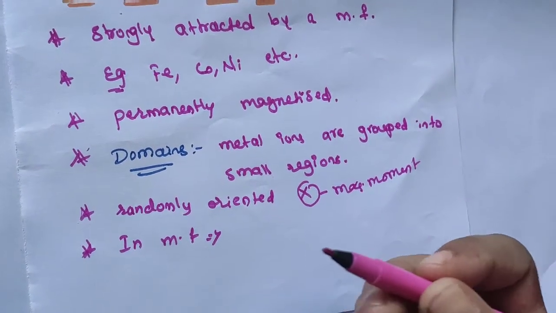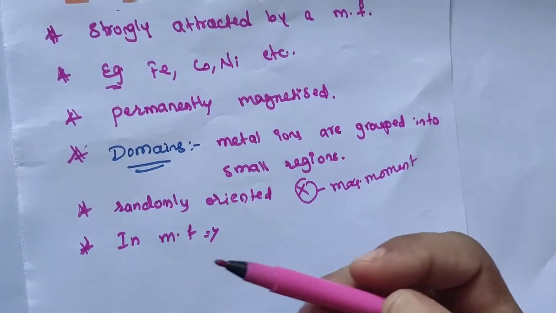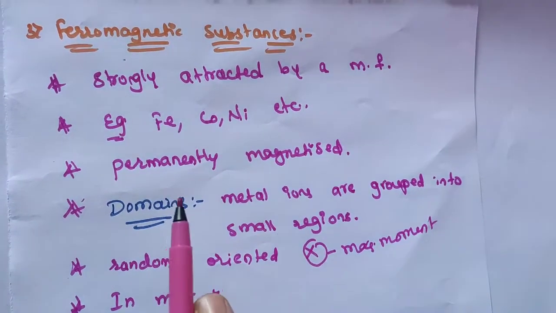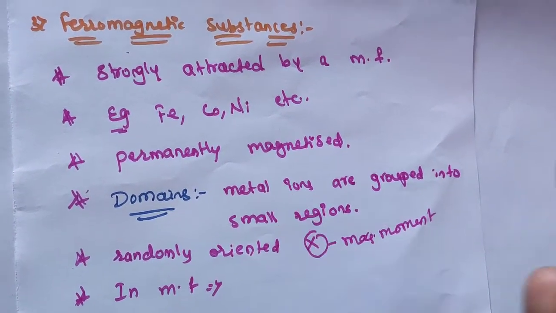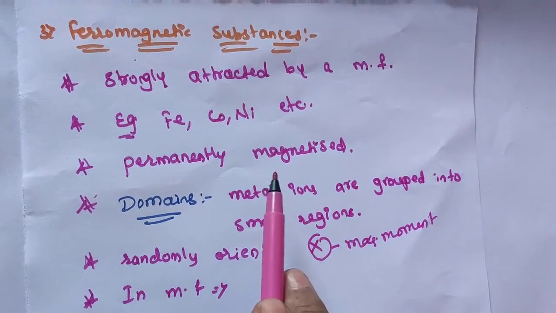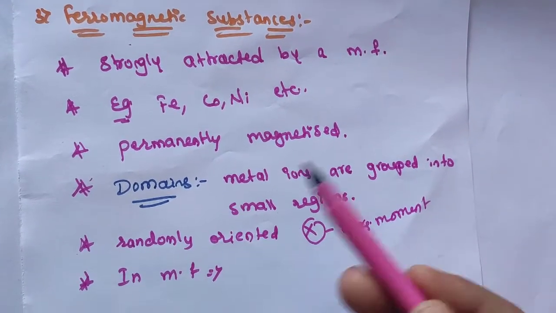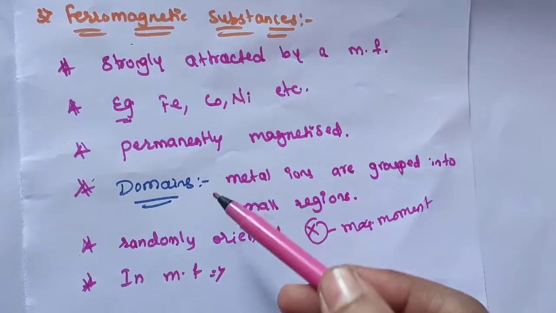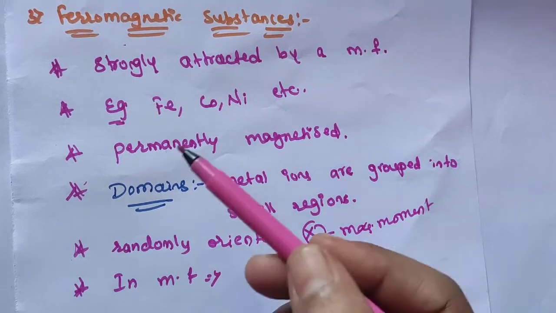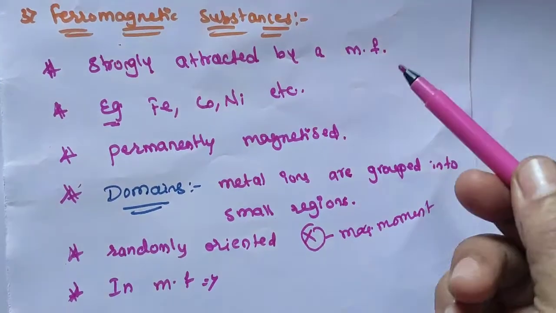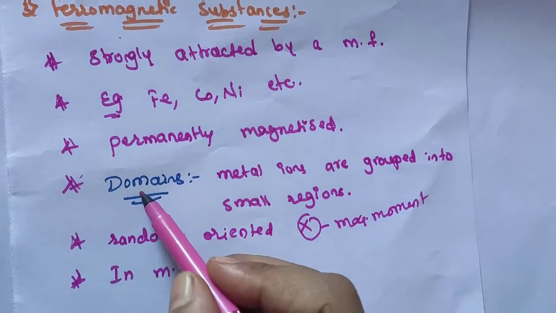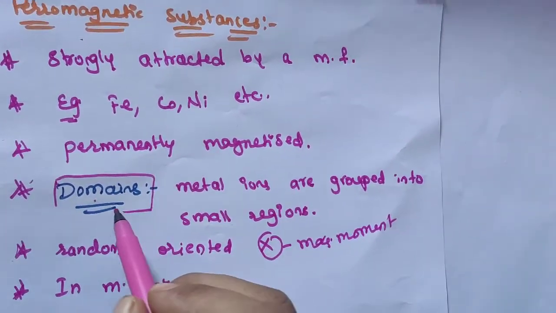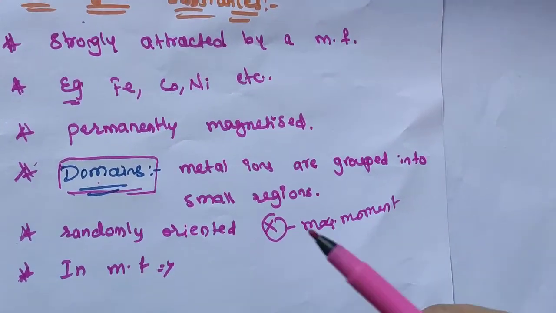This ordered arrangement persists even when the magnetic field is removed. So this is about ferromagnetic substances. They are very strongly attracted by a magnetic field, and you should remember that there is a possibility of a short note question: define domains.